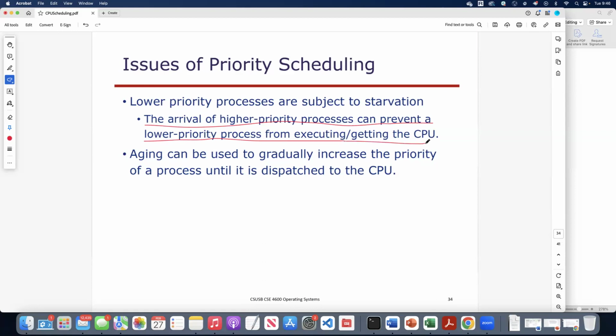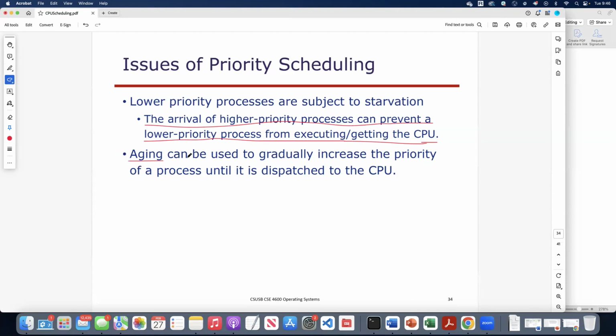The lower priority processes may stay in the ready queue forever, never having the opportunity to be scheduled to run on the CPU. To solve this issue, we can use aging.